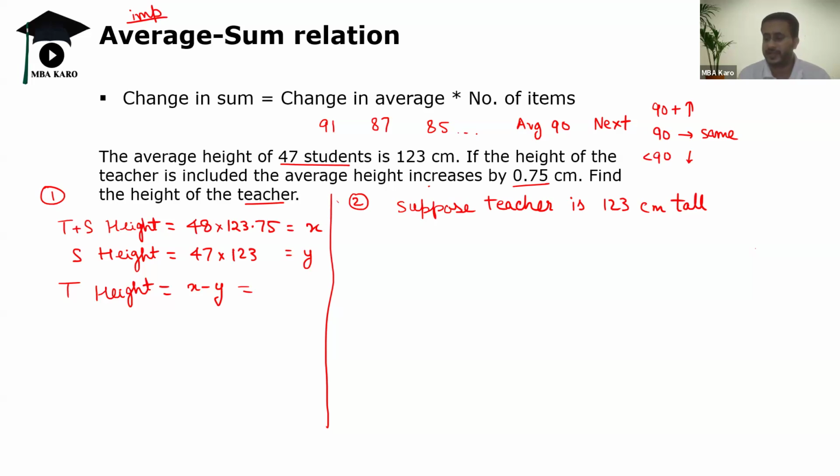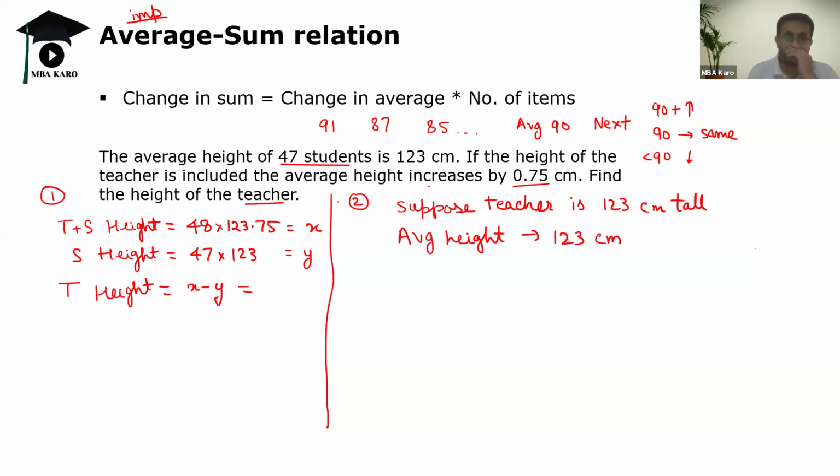If you got the same marks, the average would remain the same. Now, if the teacher is 123 centimeter tall, the average height will remain 123 only. The teacher is also 123 centimeter. This is to understand the logic.